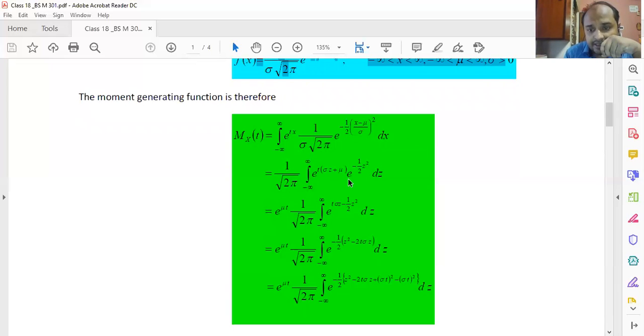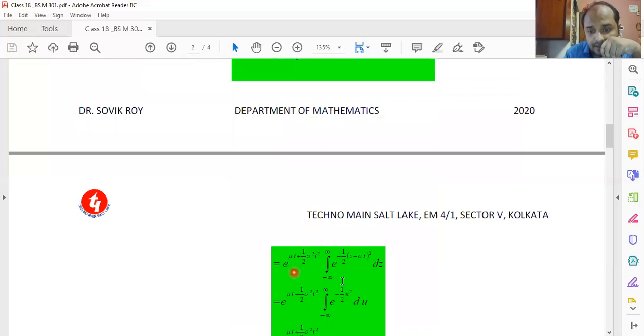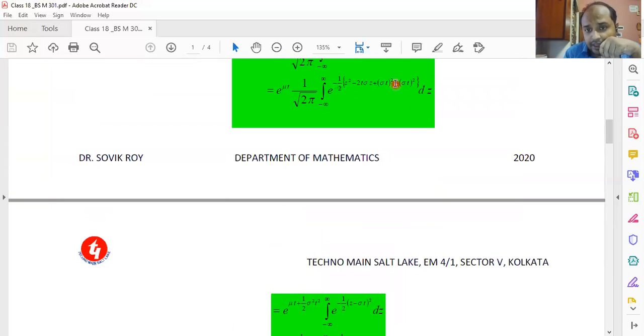And therefore you see the first expression is becoming a perfect square. So we can write it as e to the power mu t. And you see another thing: if I multiply by half now, what will I get? I shall get minus half multiplied by minus sigma t whole square. That will be e to the power half sigma t whole square.